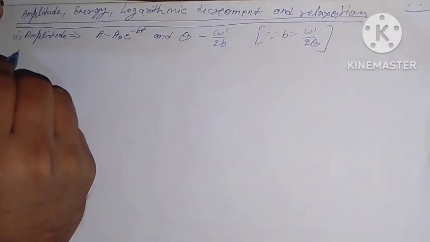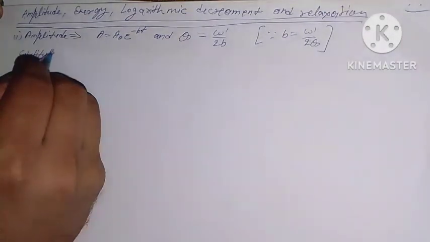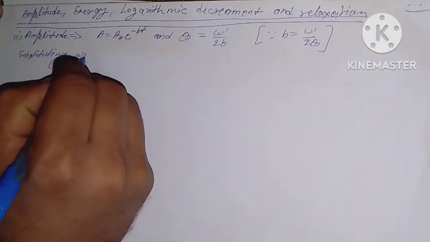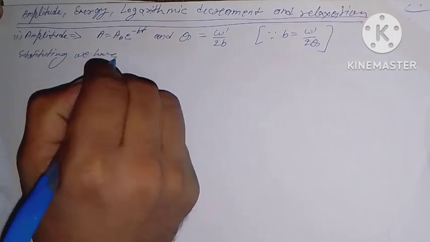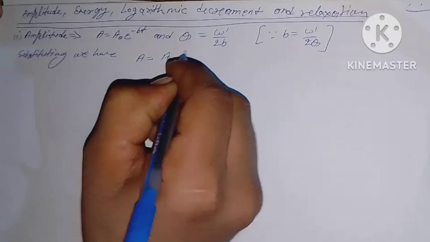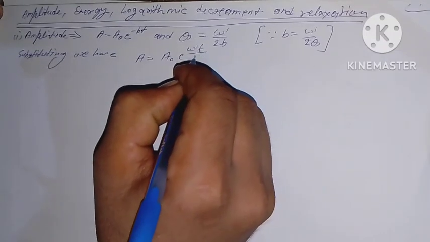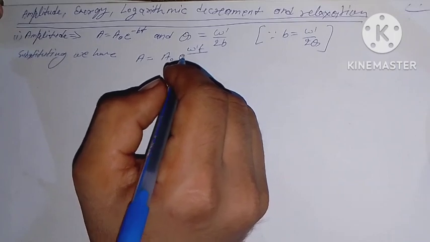Substituting, we have A equal to A naught e to the power minus omega dash t whole upon 2Q.